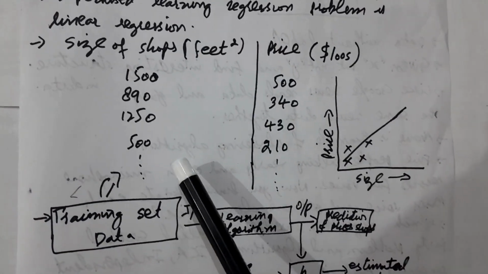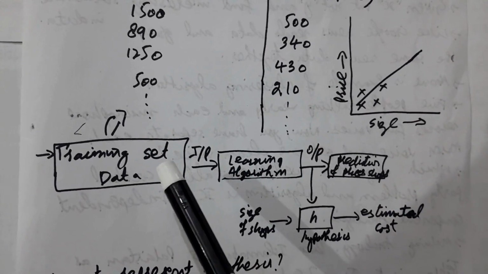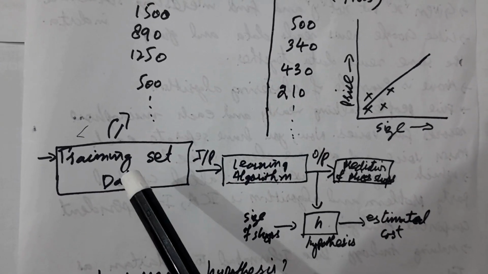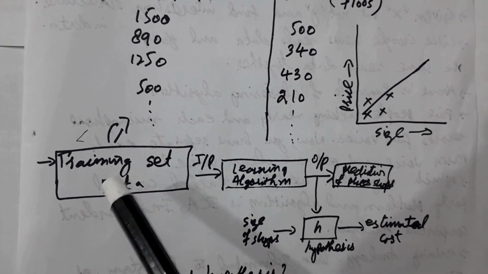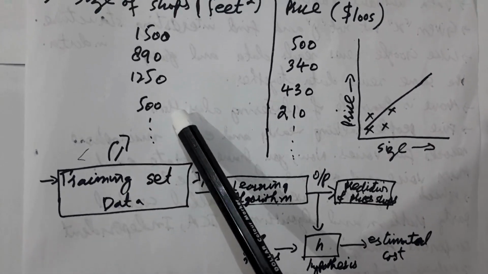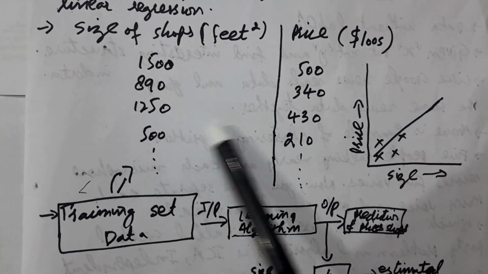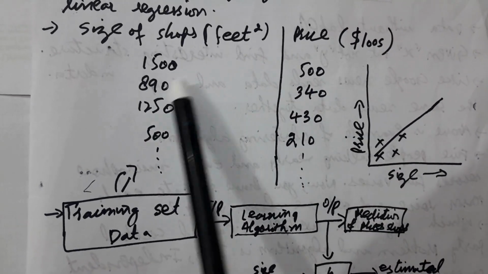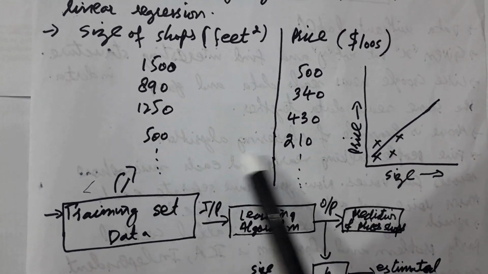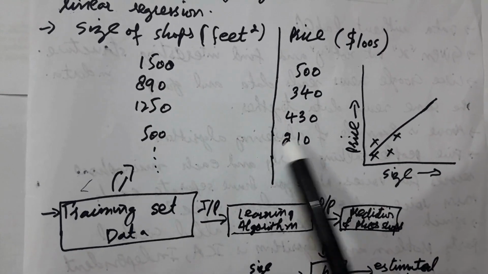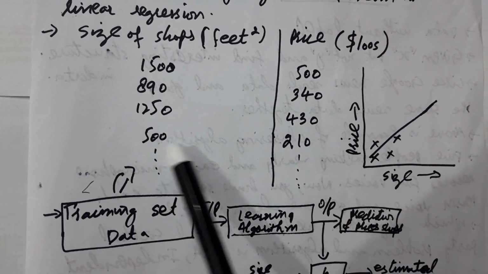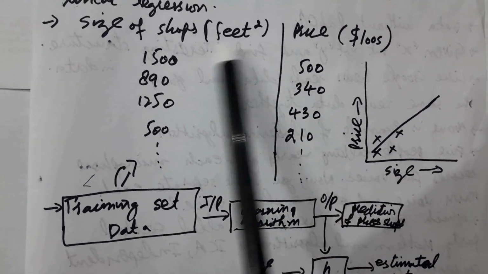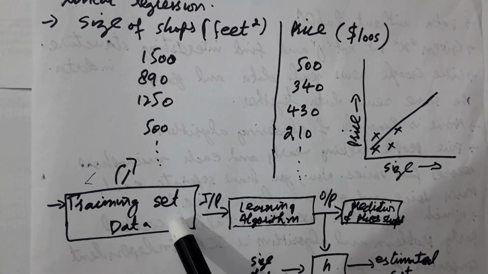So now what we have to do, or what are the steps? The data which is given to the learning algorithm is called training data.